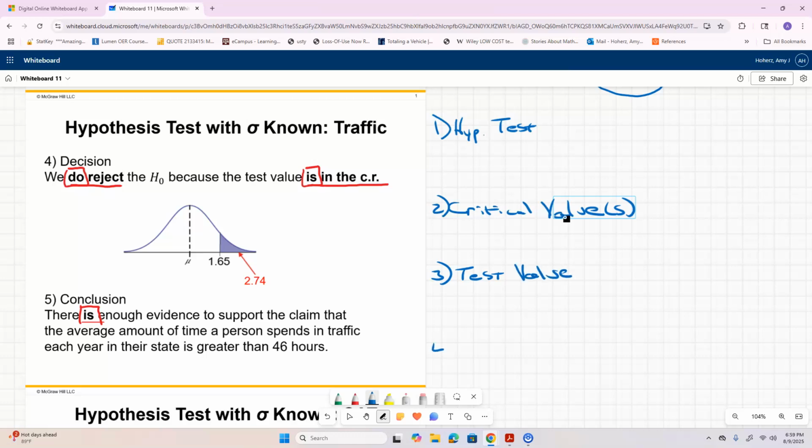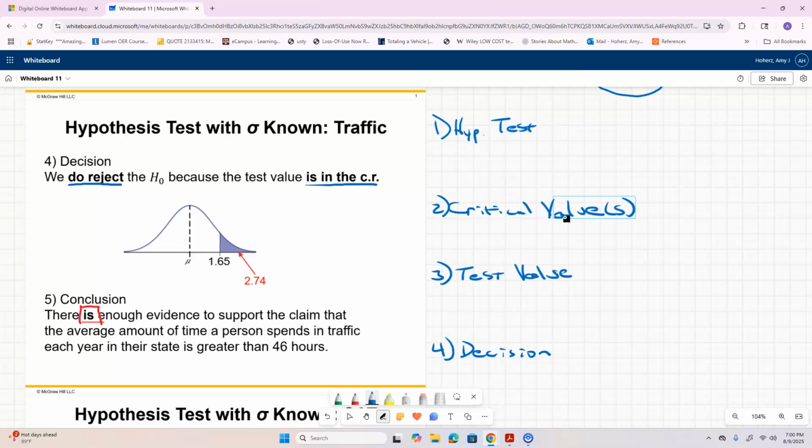Then for step 4, it will say decision. And not only will it say decision, but it will have everything filled out except for the do, reject, and the is in the critical region. So the only parts that you conceivably would have to fill in, I put them in bold here, are do, reject, and is in the critical region.